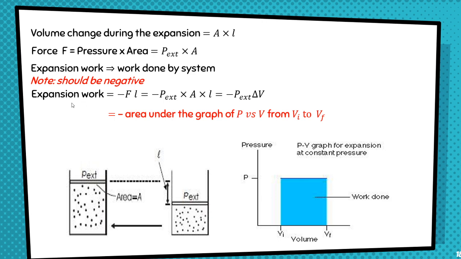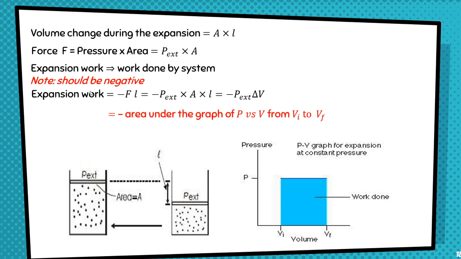So the work will then equal minus the force times the length, the height change in the volume. So you have minus F, the force equals pressure times the area, and then times the length. As you can see here, AL is actually delta V, so it equals minus P delta V. So you get work equals minus P delta V.